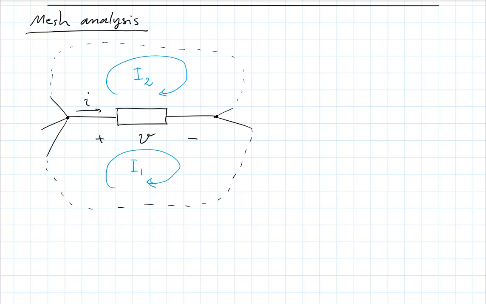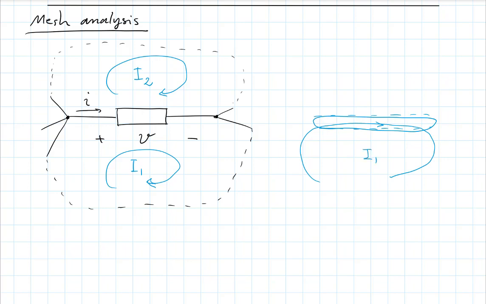But anyway, another way to think of it is maybe you think of this as a two-lane street. If this is my element, it's as if I have a flow of cars going through it like this. This is I1.